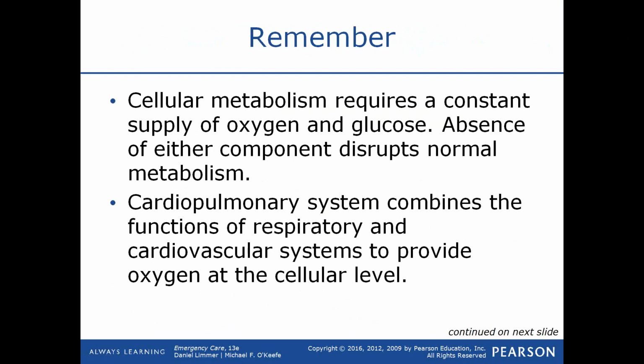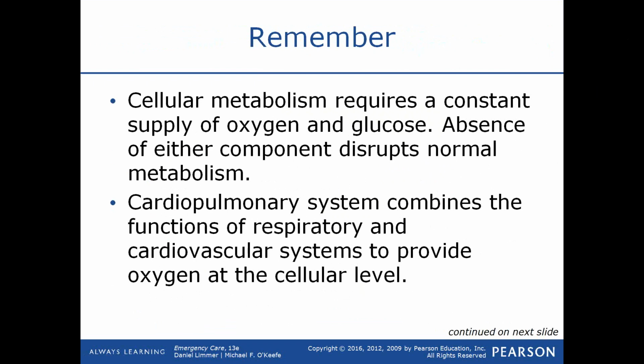The cardiopulmonary system combines with the respiratory system to provide oxygen at the cellular level. In order for us to get oxygen to our tissue, we have to have an open, patent airway.